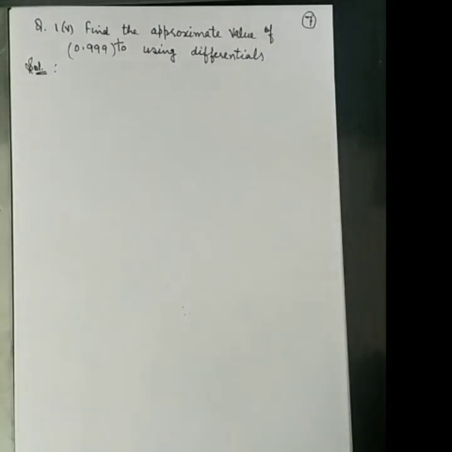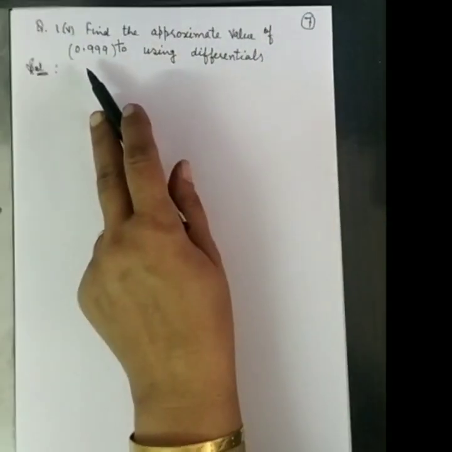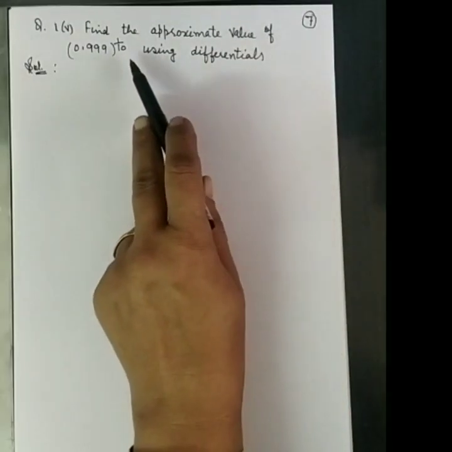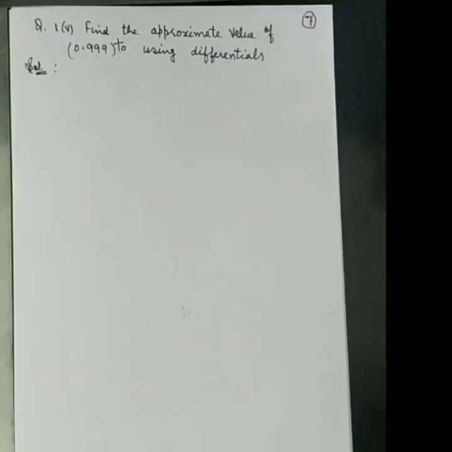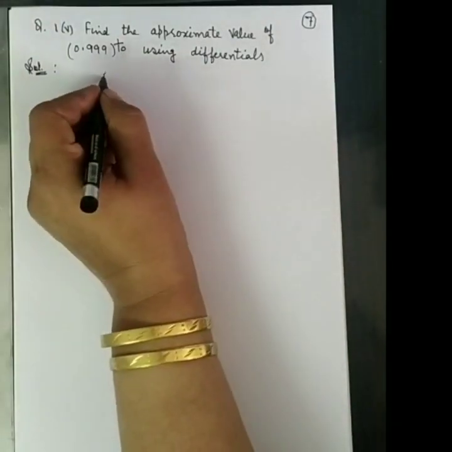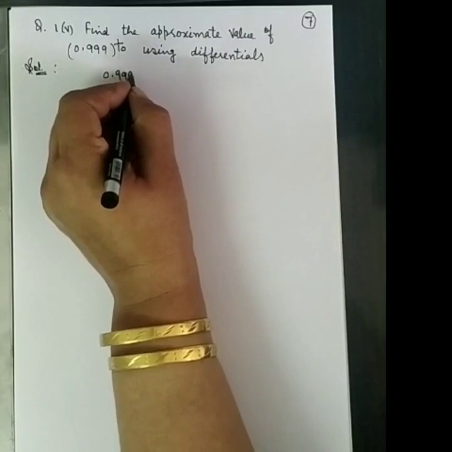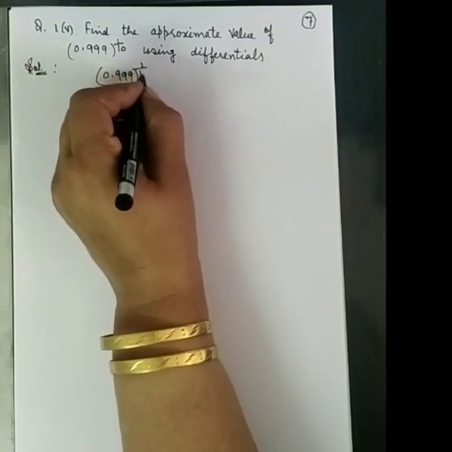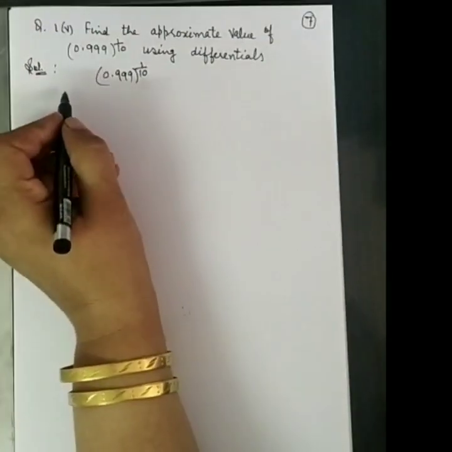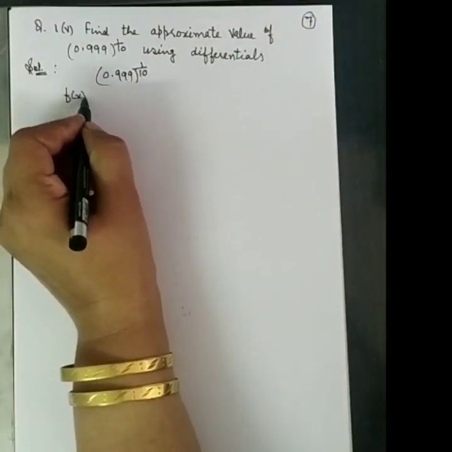Next, find the approximate value of 0.999 raised to power 1 by 10 using differentials. Means you have to find the 10th root of 0.999. Now identify the function which you have taken.